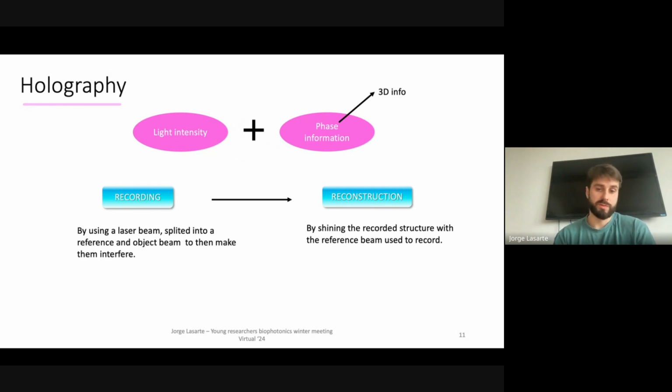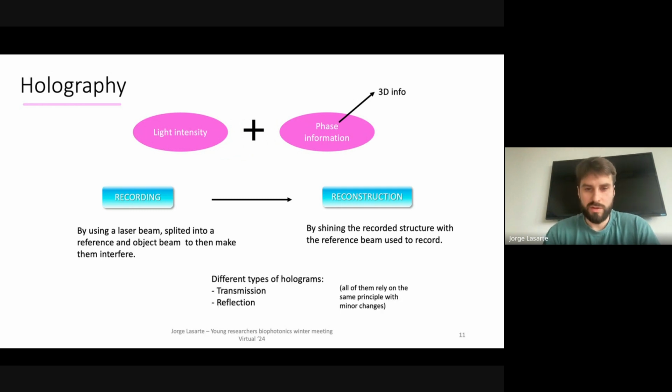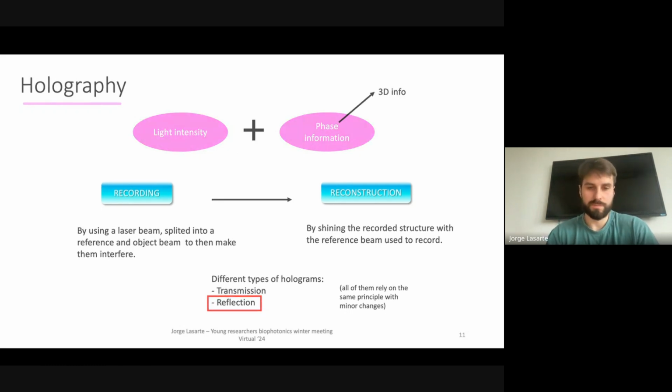They will be called respectively reference beam and reconstructed beam, or object beam, because it's the one that holds the information from the object that we aim to record. Among holography, there are a few different types of holograms. The most common ones are transmission and reflection. In this case, we will just be using reflection ones, so I won't dive into the other ones.